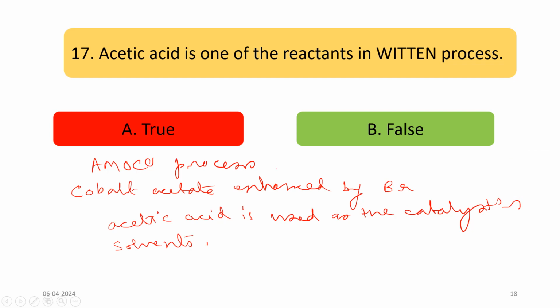So that is why acetic acid needs to be present in the Amoco process but not in the Witten process.